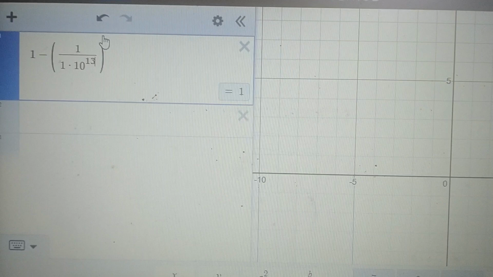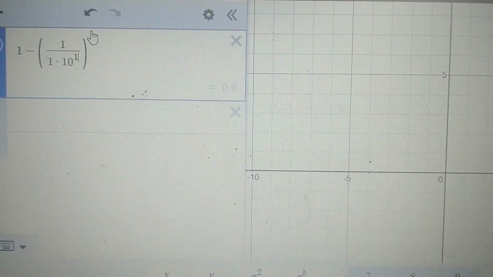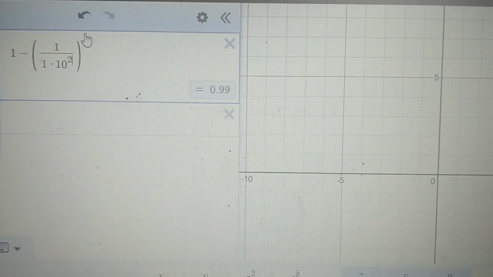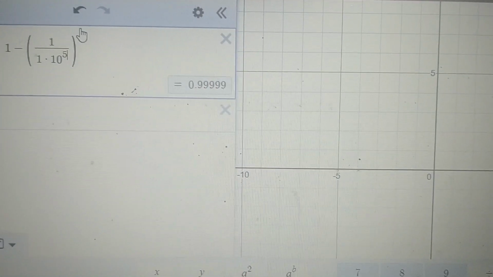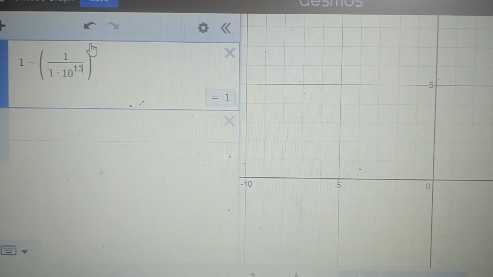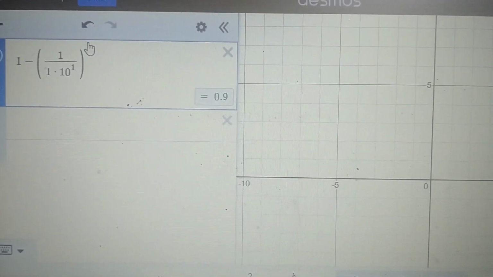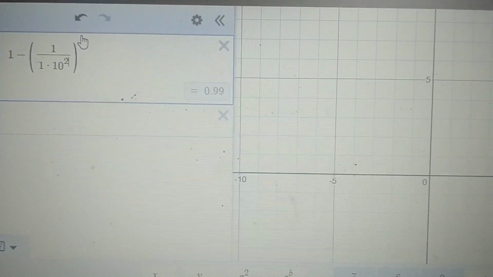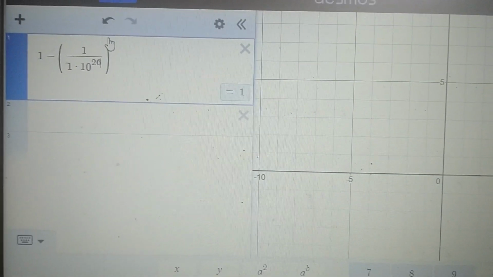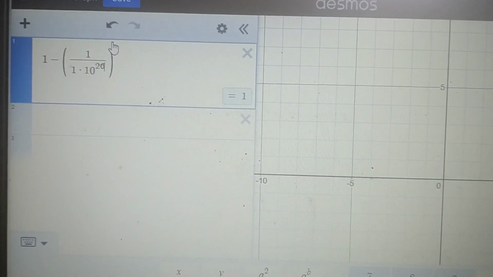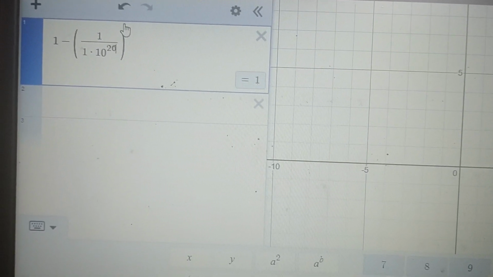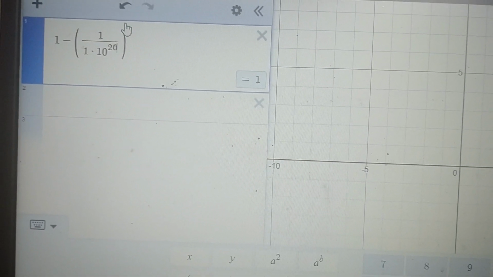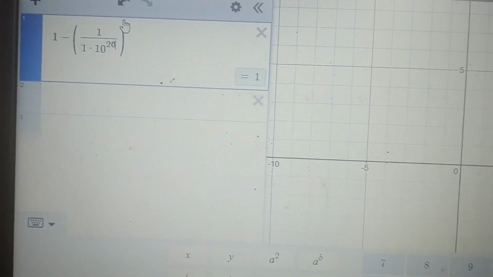So 13, right? What happens if I put 26? Why isn't this 2?